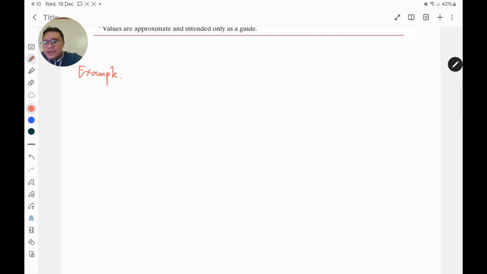Now, let's consider this very simple example so that you will understand further the concept of static and kinetic friction. Let's have our box again here, which we will put on a surface. Let's just imagine that this surface is rough.